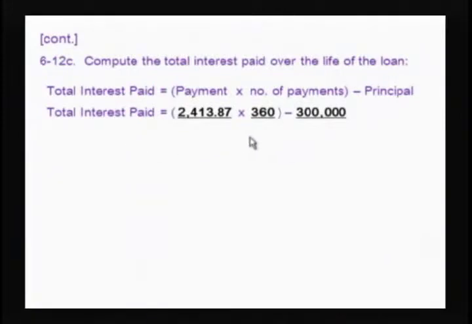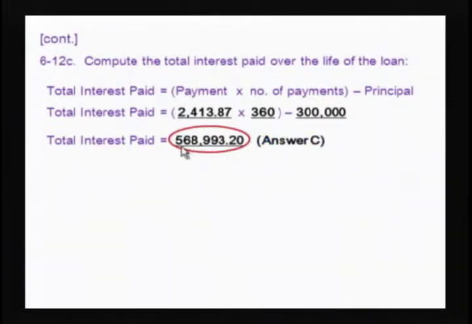Part C says compute the total interest paid over the life of the loan. Instead of completing an entire amortization table and calculating the total of the interest column, let's just figure out how much we repay to pay off this loan, and everything beyond what we borrowed would have to be interest. So we make 360 payments of $2413.87. Anything in excess of the $300,000 we borrowed is interest.